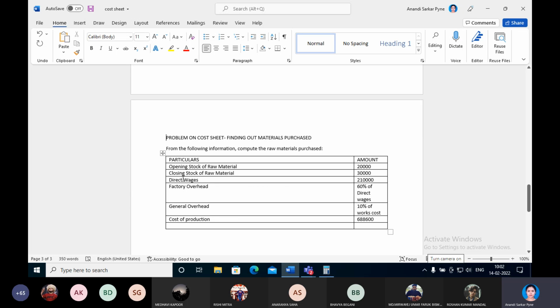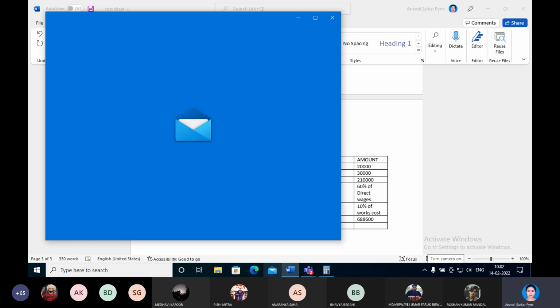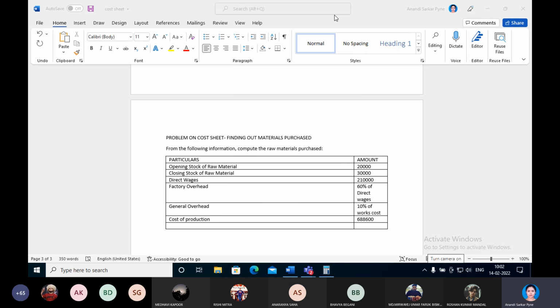Direct wages is given, factory overhead is 60% of direct wages, and general overhead is 10% of works cost, and cost of production is only given. So here we will do back calculation to find out the raw material purchased, because unless and until we find out raw material purchased, we will not be able to find out the raw material consumed part. The whole cost sheet will not be complete, we will not be able to get all the answers, the profit figures and everything. So how we will do this?